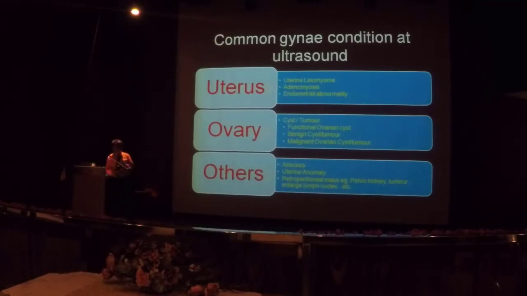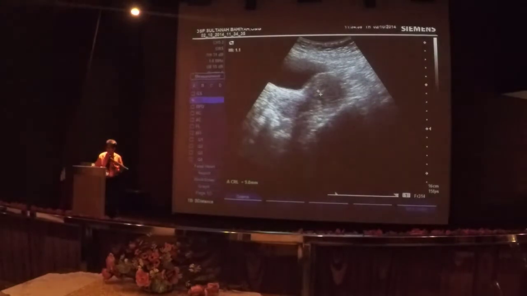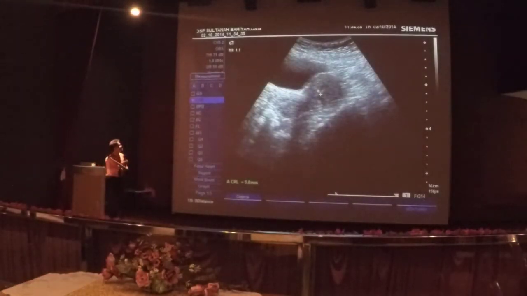Or outside the uterus and ovary can be an abscess, anomaly of the uterus, or occasionally you get a retroperitoneal mass, pelvic kidney or pelvic tumor, or sometimes enlarged lymph nodes. So that's among the common things that we see in the pelvis. So then this is not CRL, sorry, we just use the function CRL to measure.